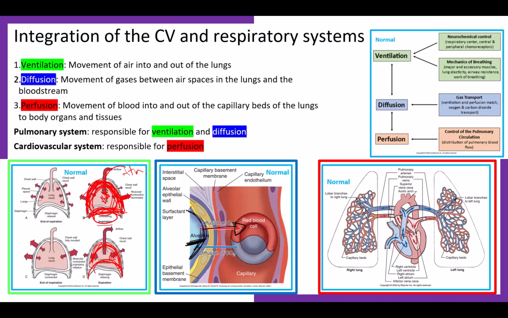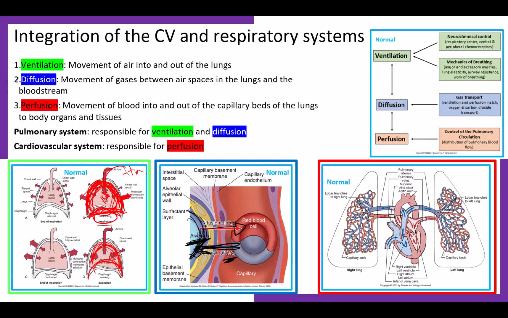But there's a lower pressure of carbon dioxide in the alveolar air compared to blood, and so CO2, carbon dioxide, diffuses from blood into the alveolar air. So that's diffusion. And then perfusion is a third concept.